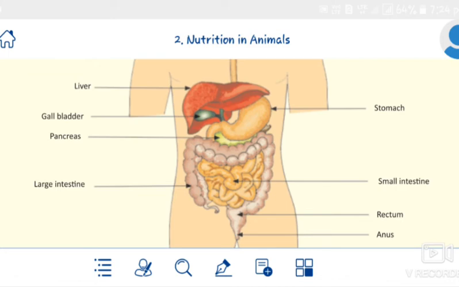The inner wall of the small intestine is lined with thousands of small finger-like projections called villi. The villi increase the surface area of the lining, and this makes absorption more efficient.